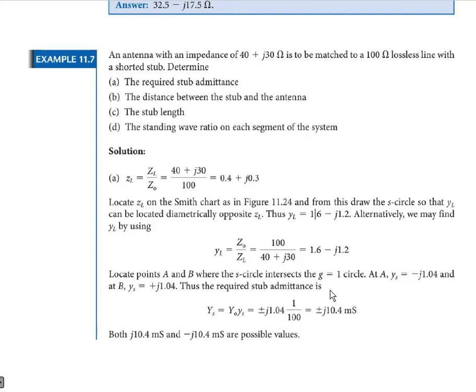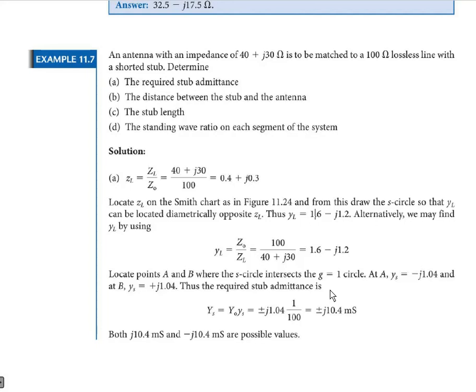The first circle that we drew using the radius of the normalized impedance to find the normalized admittance is called the VSWR circle. So now you find where the G equal to 1 circle meets the VSWR circle. You can mark the points as A and B. That's the point where we need to design the stubs.